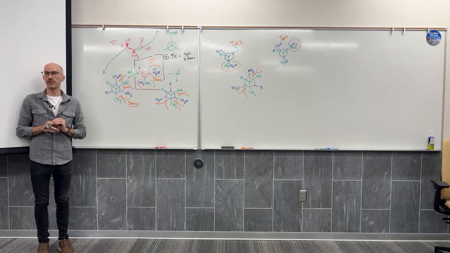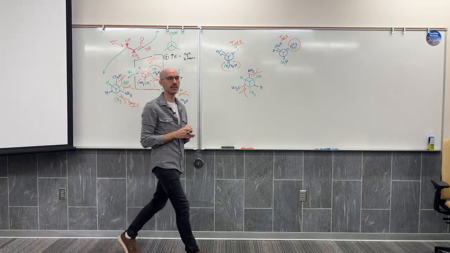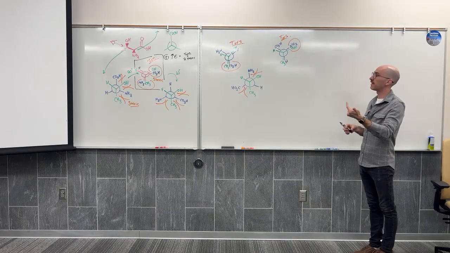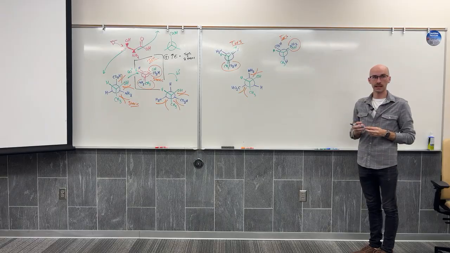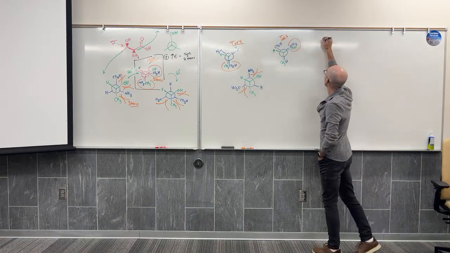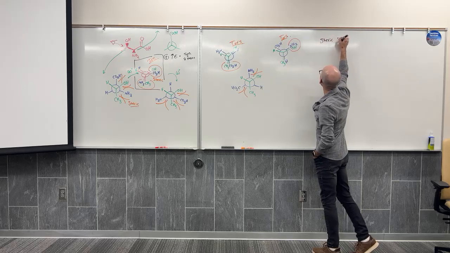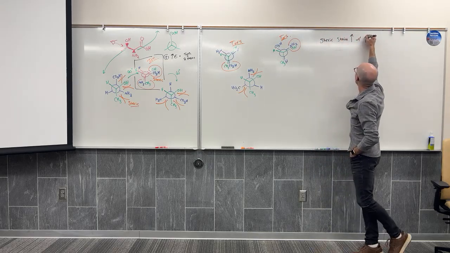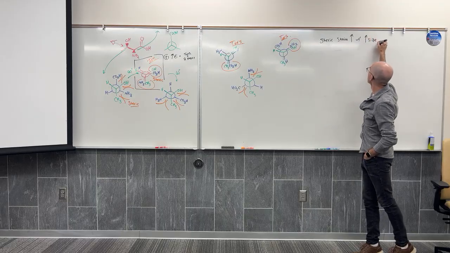Are the other 2 eclipsed conformations equal to each other? They both have torsional strain, and they both have 1 eclipsed set of groups. Steric strain increases with increasing size.